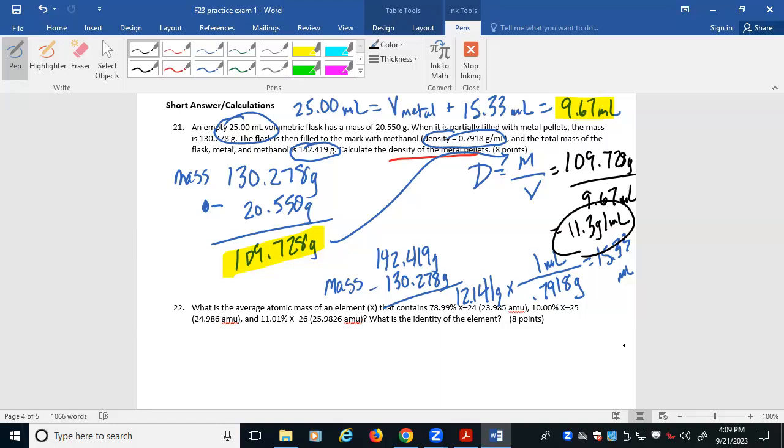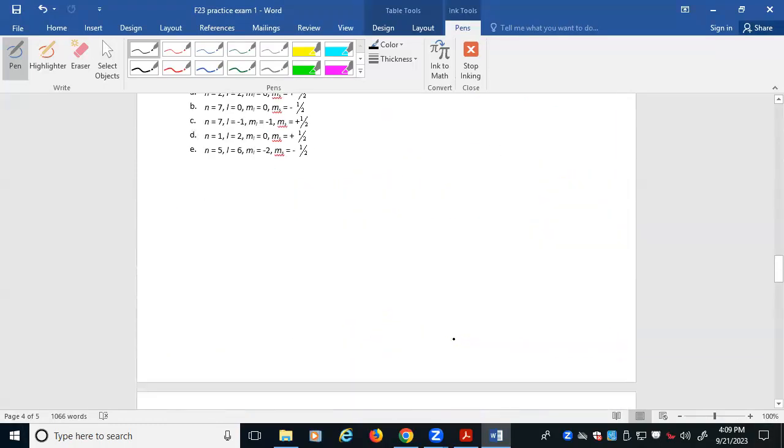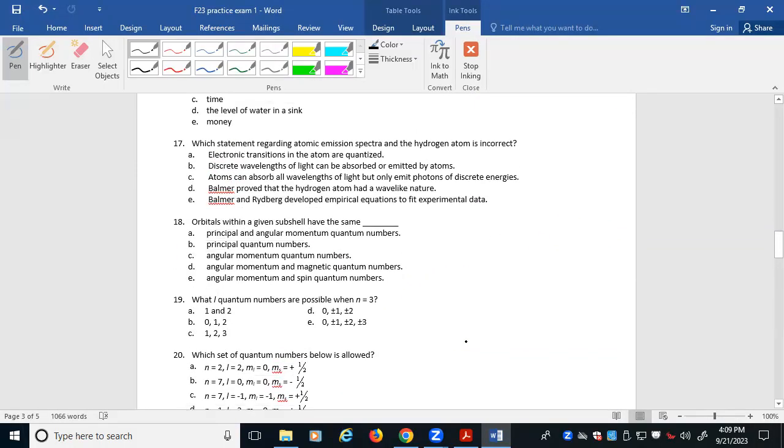All right, go ahead. Question number 17. Which statement regarding emission spectra and the hydrogen atom is incorrect? All right, first one, electronic transitions in the atom are quantized. That is definitely true. So remember, quantization is the reason why we have those spectra in the first place.